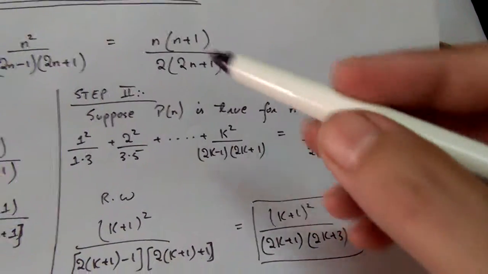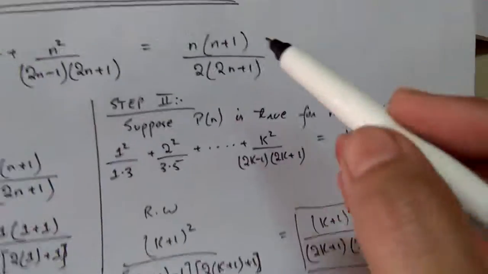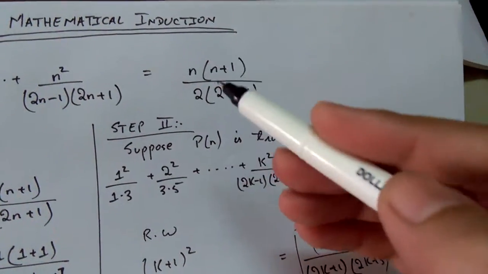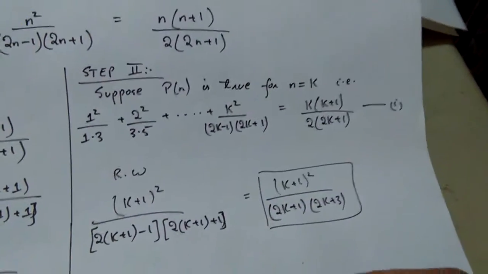Let me do the rough work in this respect as well. If you substitute n equals to k plus 1 in this expression, that answer is something that you should get after solving the right hand side. So it should look like this.